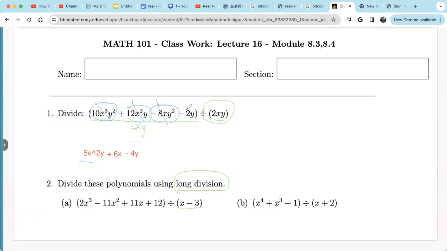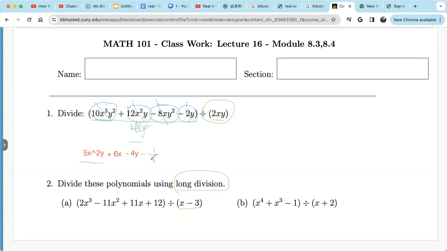Now we're dividing the last term, negative 2y divided by 2xy. 2 divided by 2 becomes 1, and 1 times anything is anything. Then y divided by y becomes 1. So I have 1 in the numerator. What's in the denominator? x. We still have this x in the denominator, so this is 1 over x.